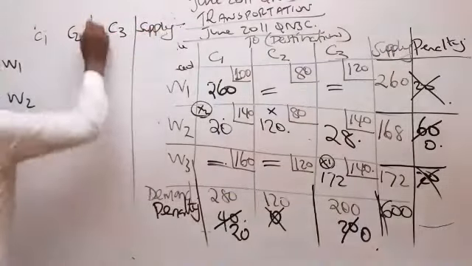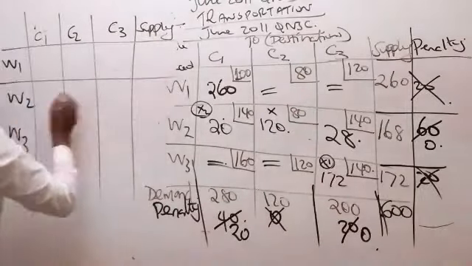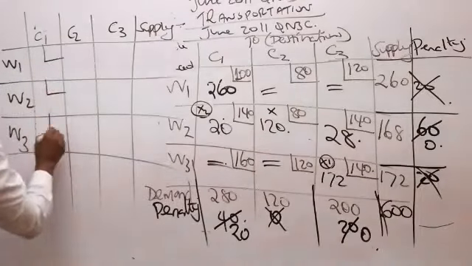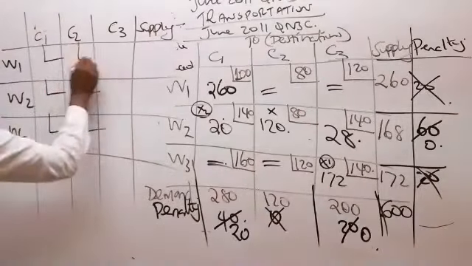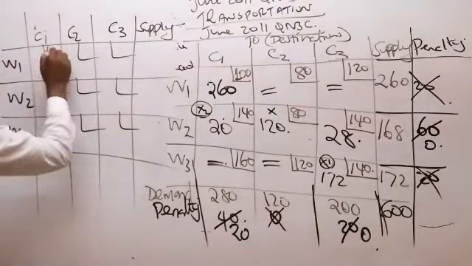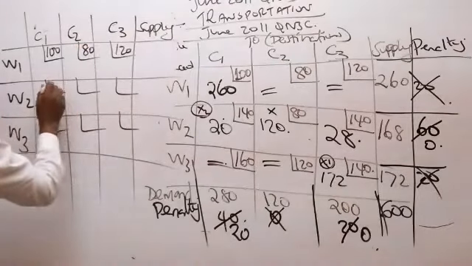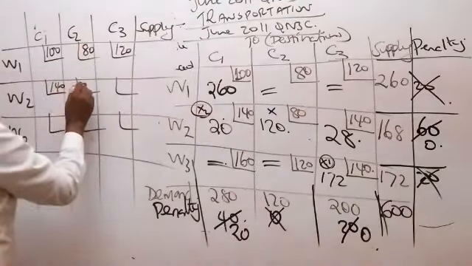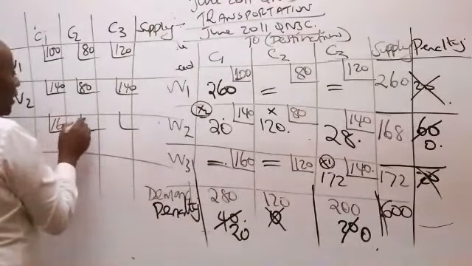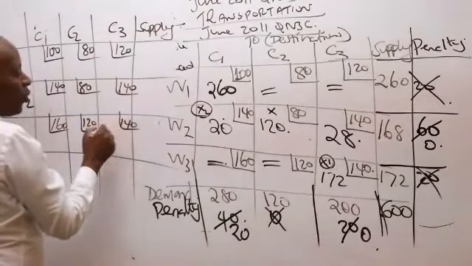We have here our cells: 100, 80, 120, 140, 80, 140, 160, 120, 140.